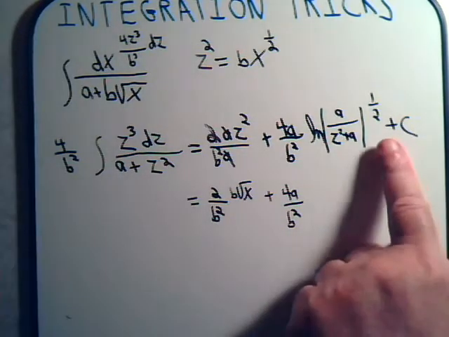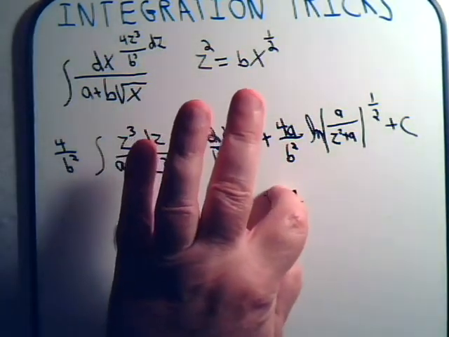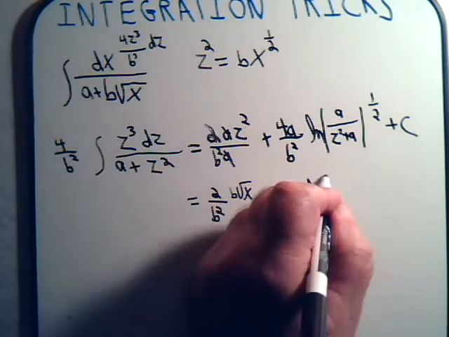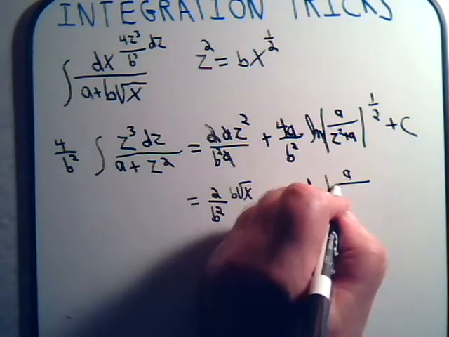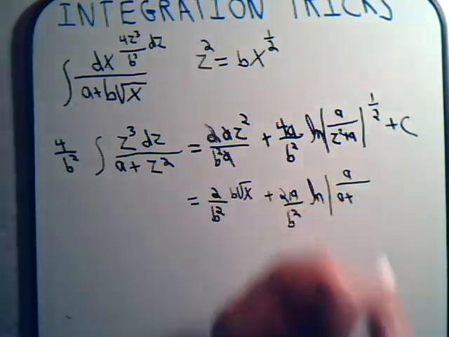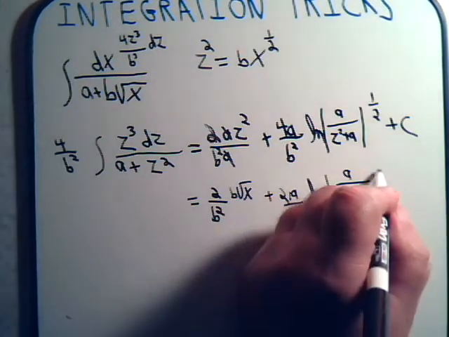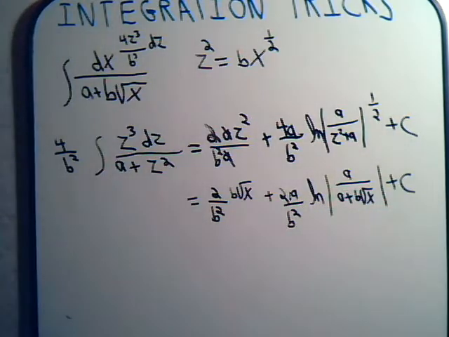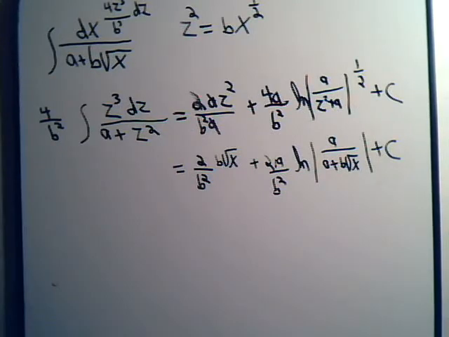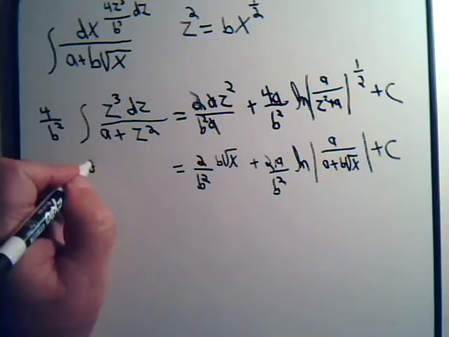And as a matter of fact, let's use the property of logarithms. 1/2 times 4, that would be 2a, the natural log of a divided by z squared plus a. So that will be a plus b times the square root of x, plus a constant. So now that we have z expressed in terms of the variable x, this here should be the solution to this integral.